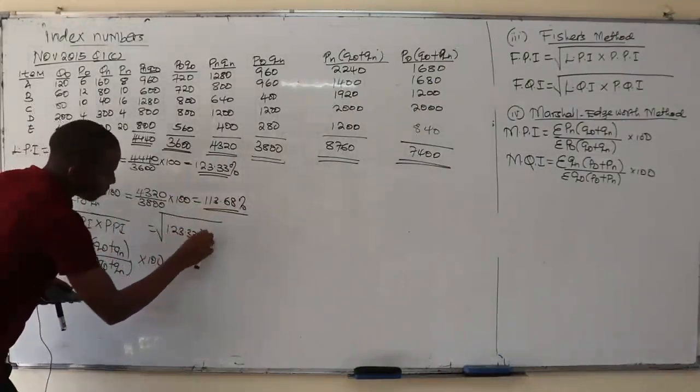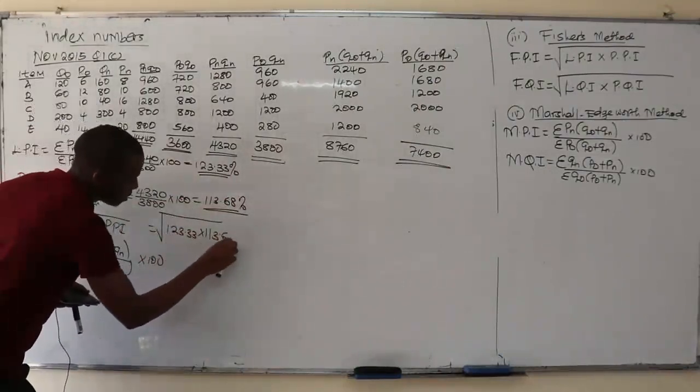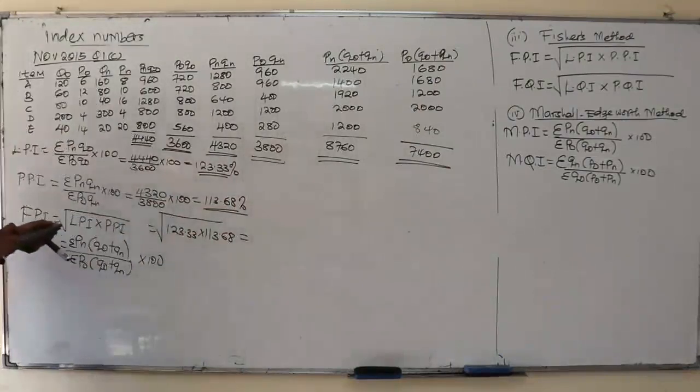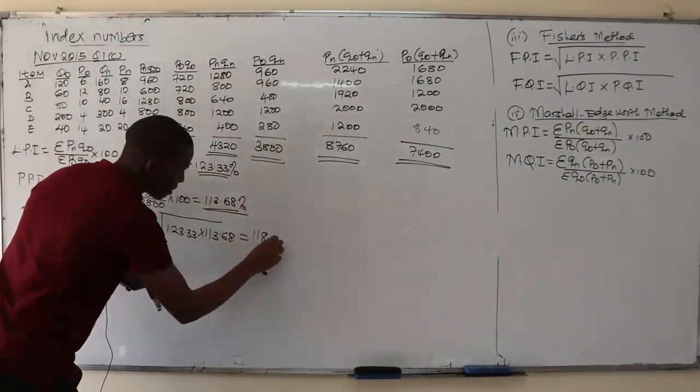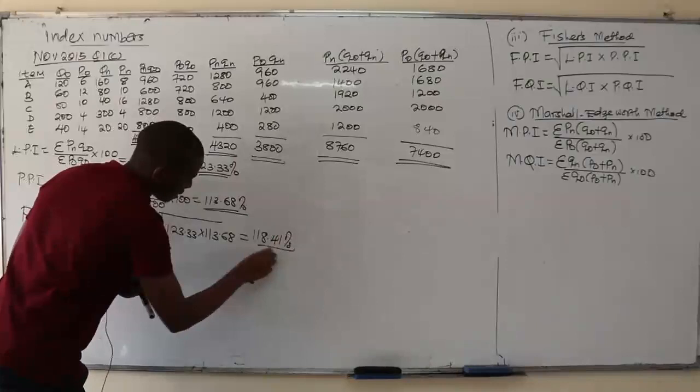Then the other one is here, which in that case is just the square root of 123.33 multiplied by 113.68. Then you take the square root of the answer, which in that case is 118.41%.